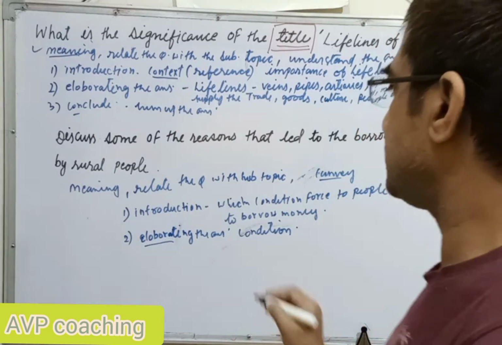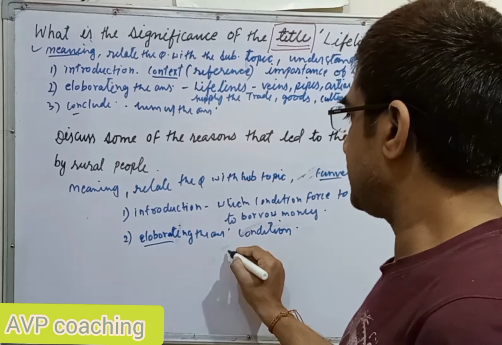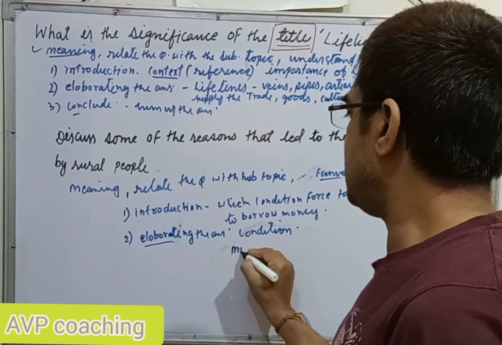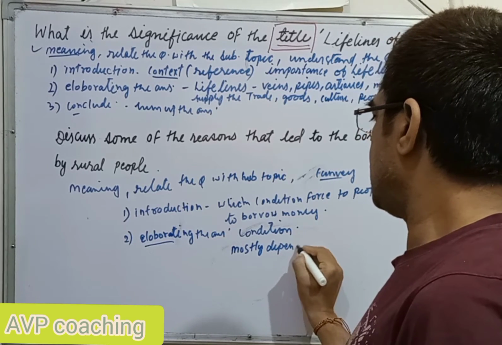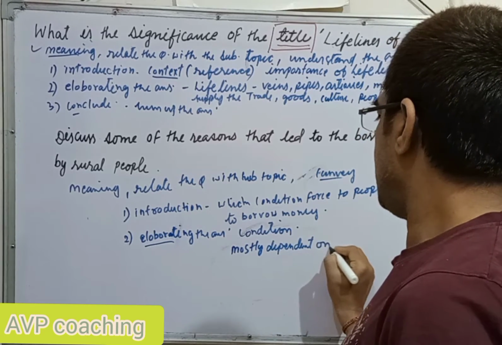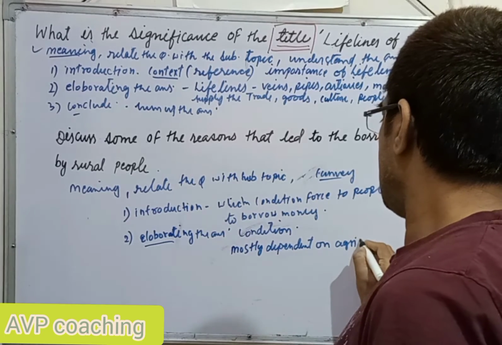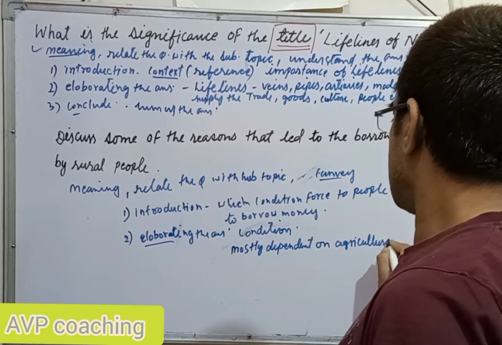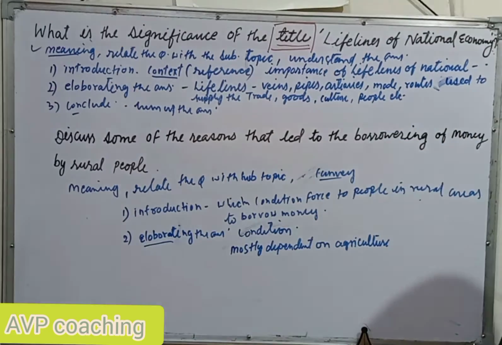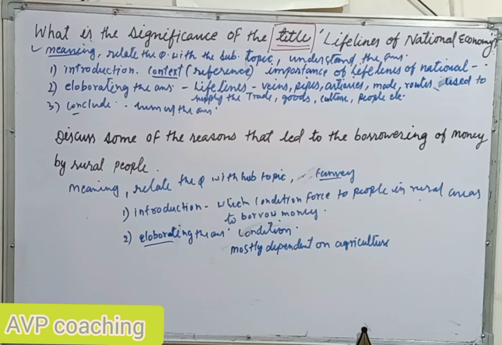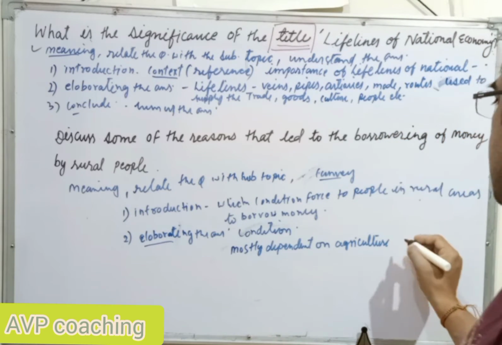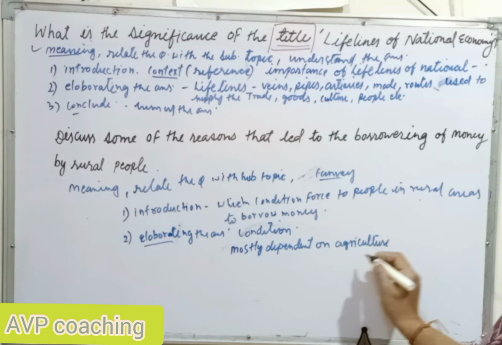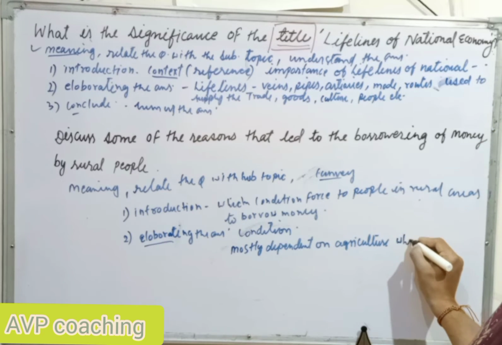Number one condition: the poor people are mostly dependent on agriculture. Mostly they are dependent over the agriculture, and agriculture is a kind of profession where they could not maintain their running cash.